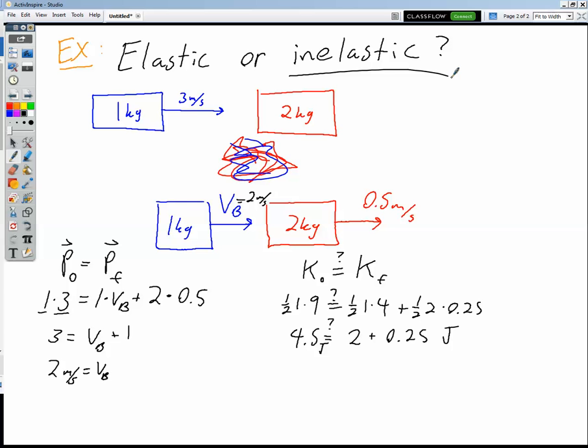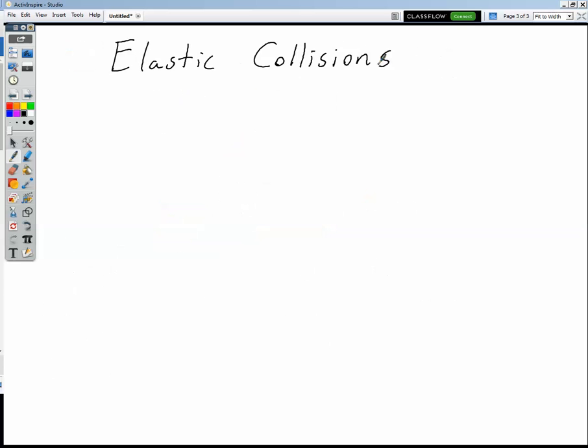Okay? So let's take a look at a simple equation that can help us out in solving when we know a collision is elastic. All right, so taking a closer look at elastic collisions themselves, like I said before, you cannot ever assume that a collision is elastic. All right, you have to be told directly that it's elastic, or you have to prove using conservation of energy that it is elastic.